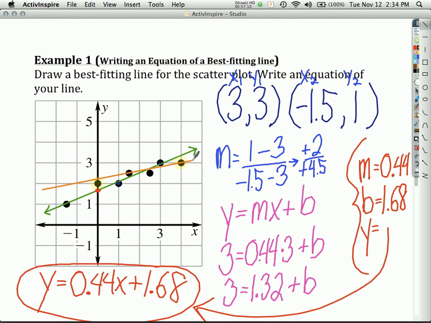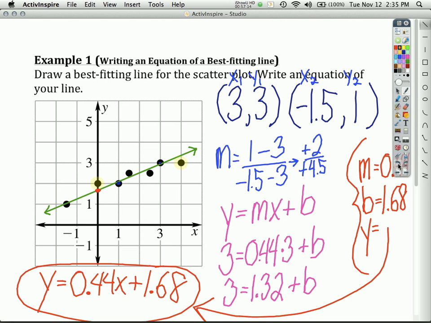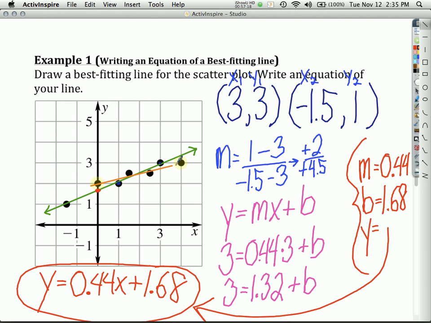Oh, I didn't do a very good job of that. Let me try that again. If I do slope from here to here, that's a different line, right? So I have to pick points that are on the line. So that's why here we actually use this point and that point up there, because they're actually on the line.